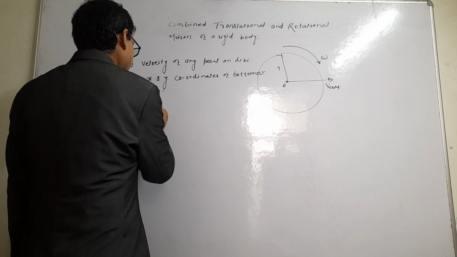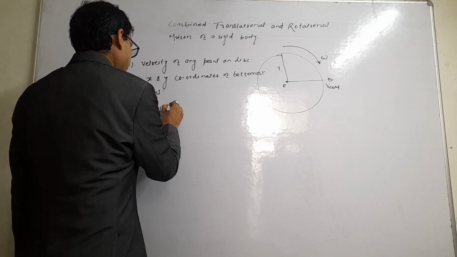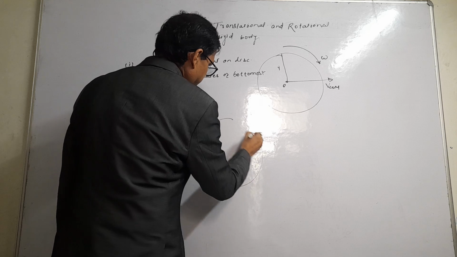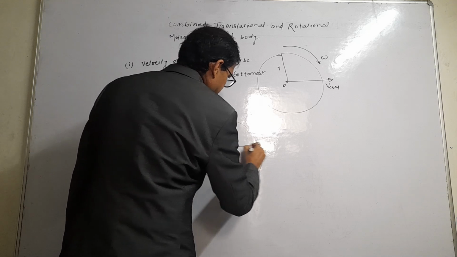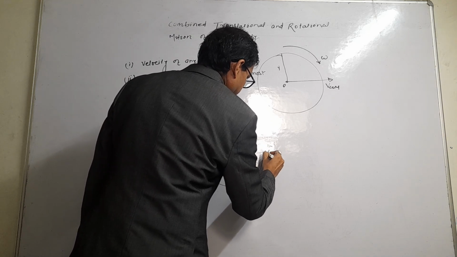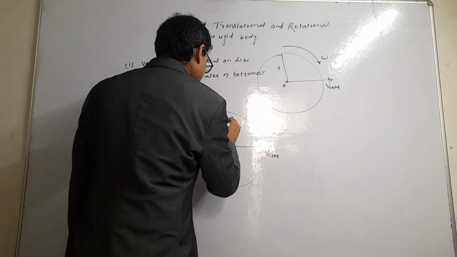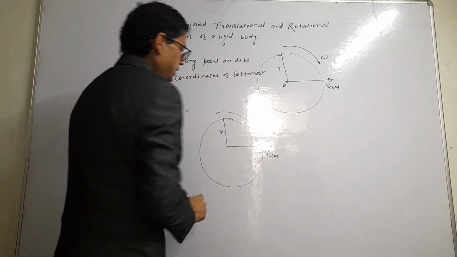So the first parameter we are discussing is velocity. Suppose this is a disk whose center of mass is translating with a speed v center of mass, and it is rotating with angular speed omega, and its radius is r.